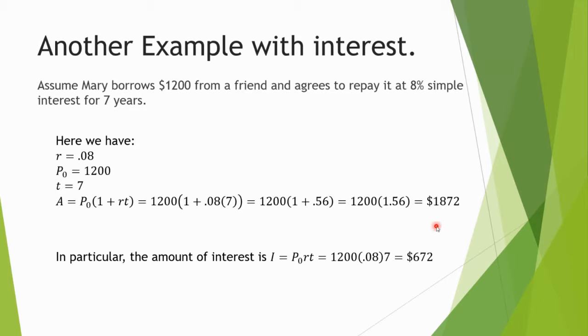So after 7 years, Mary will owe $1,872. The interest she owes is how much extra she'll pay her friend that she borrowed from. So that's what's happening here. That's another example. Okay, that's good.